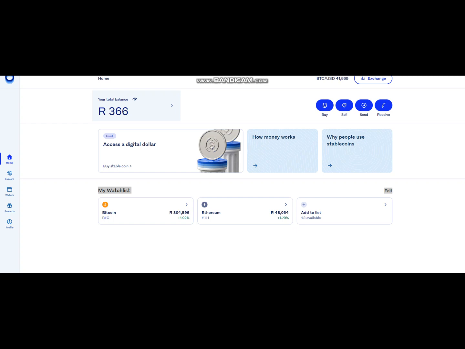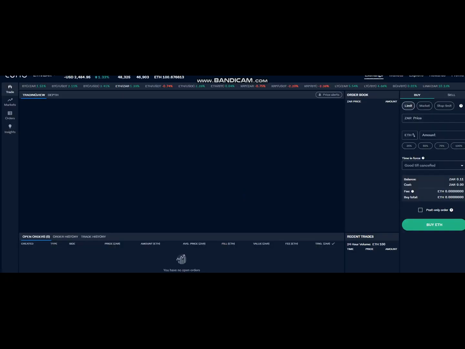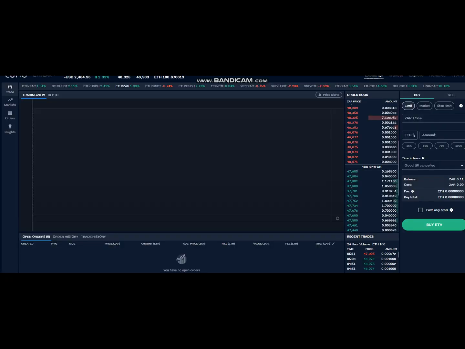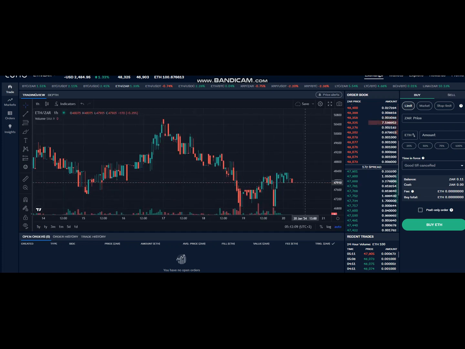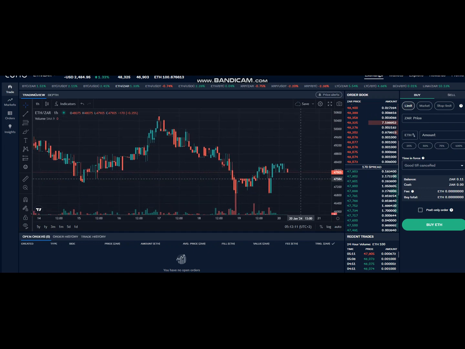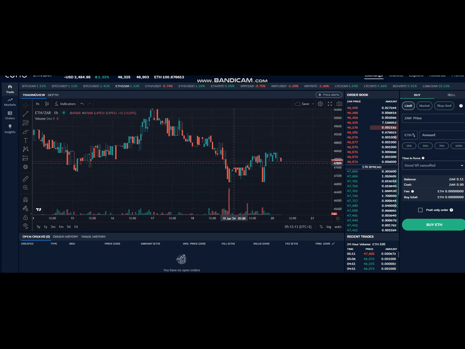370 rand. Since then, we've had a really big fall in crypto prices over the last couple of days. So the 370 rand has now gone down to about 366 rand.